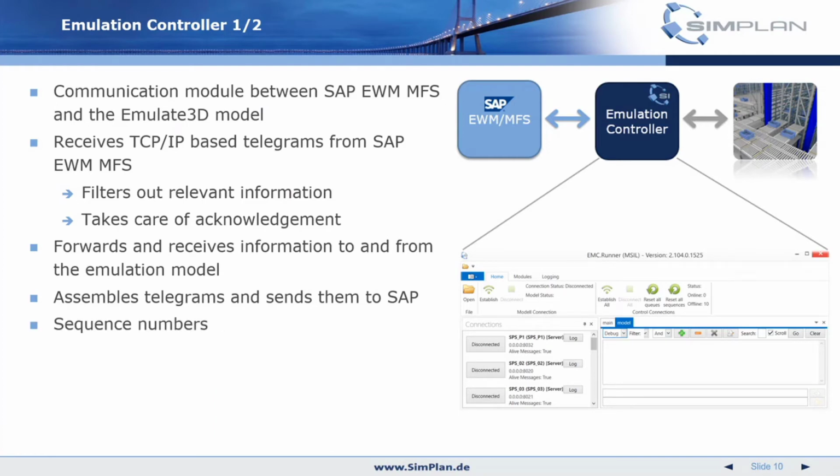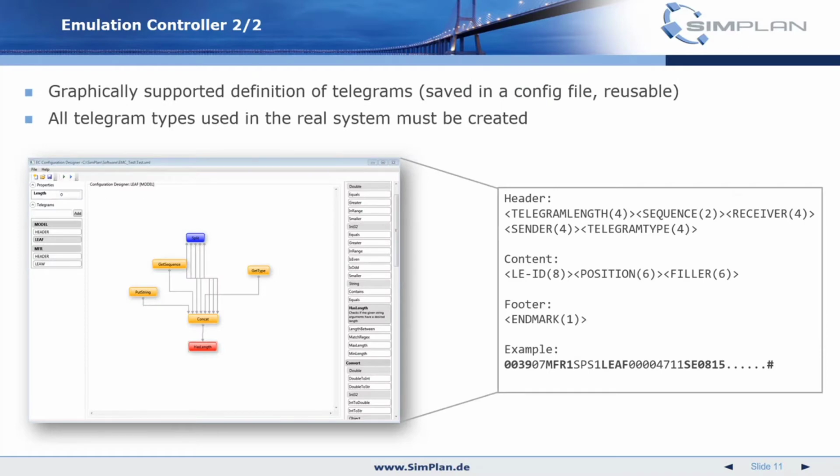It also takes care of sequence numbers, for example, heartbeat and live telegrams, and has debugging and tracing functionality, so that when you see errors during emulation, you can see whether it was a telegram error, and in general see what's going on in the system.